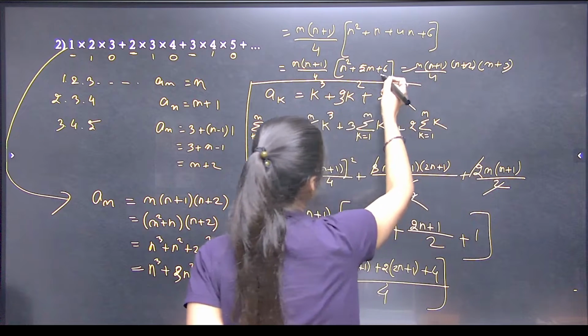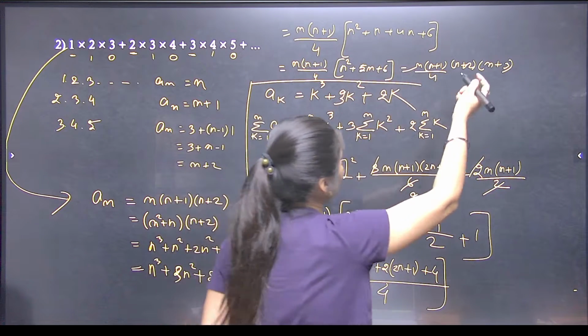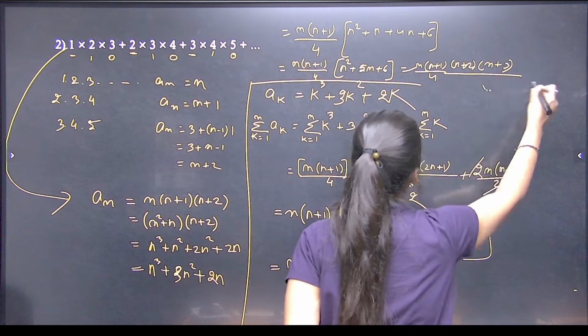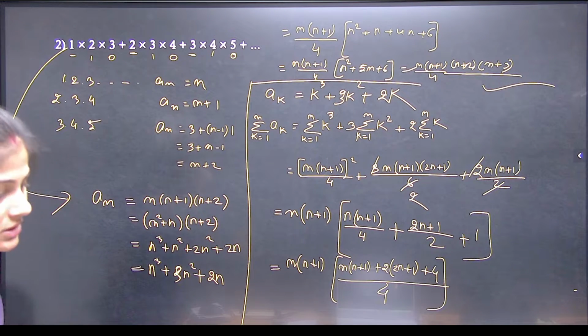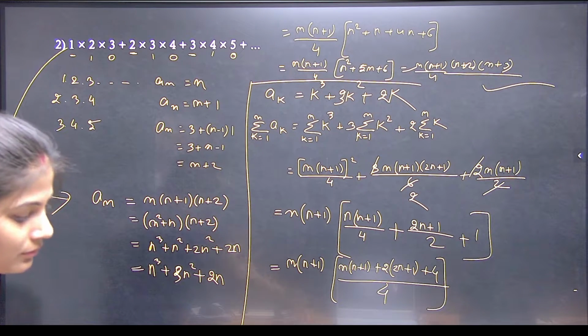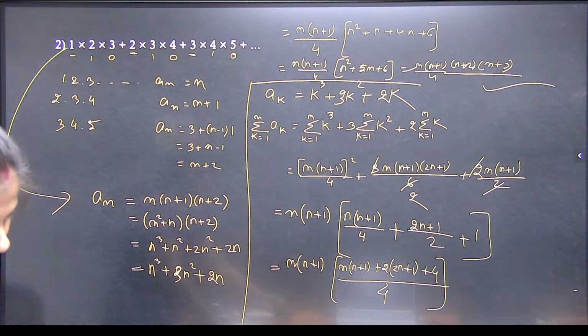Since it is 6, so we will write 3n plus 2n, so it will give like this. So this is the answer of question number 2. I hope this question is clear to all of you. Okay, so the answer is n plus 1, n plus 2, n plus 3 by 4. Okay. Moving on to next question.